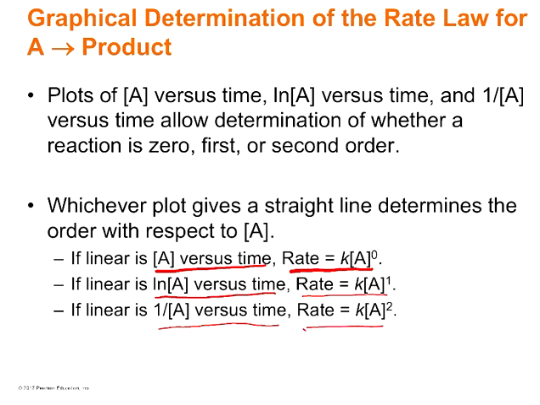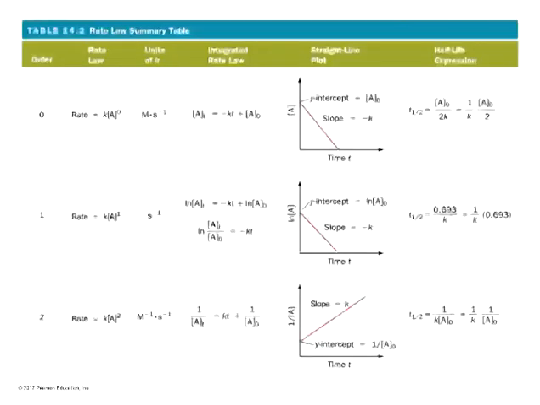So let's go over a couple of example problems just to really see how this works. But also in your textbook, there's a really nice table, table 14.2, and this summarizes everything that we talked about today. So you have your order of reaction on the left-hand side, and then next to that is the rate law.